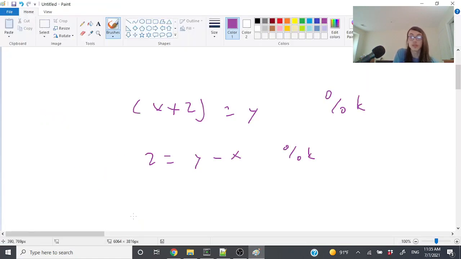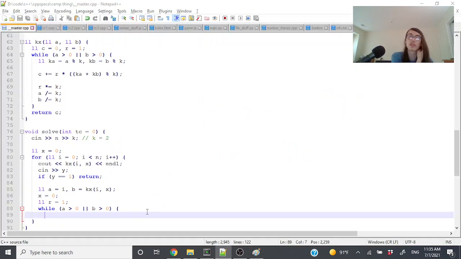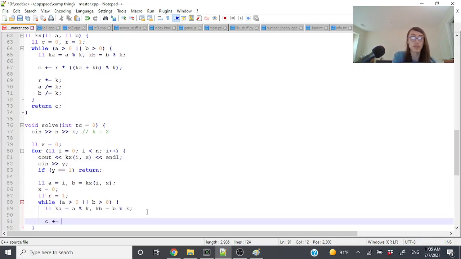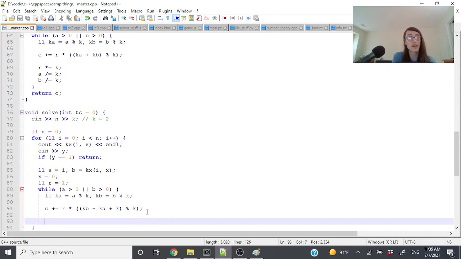So Y is greater than 0, B is greater than 0. Basically, we need B minus A. So KA is equal to A mod K, KB is equal to B mod K. C plus equals R times, so it's KB minus KA plus K mod K, plus K to make it positive.